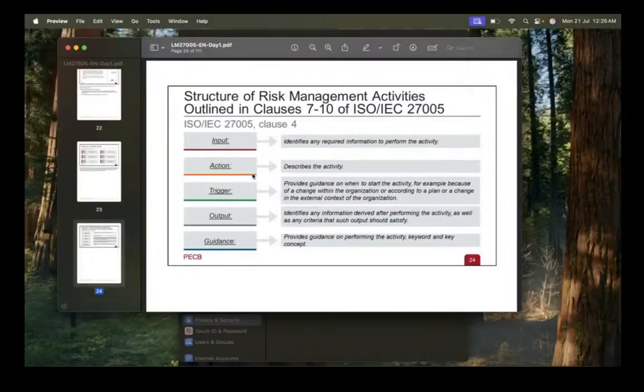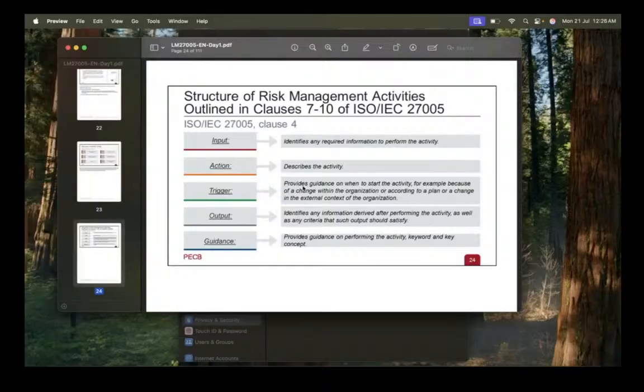Then the third is the trigger. What kind of trigger is this? When we give it any input, it does the action and then it gives a trigger. For example, because of a change within the organization, according to a plan, or a change in the external context of the organization.